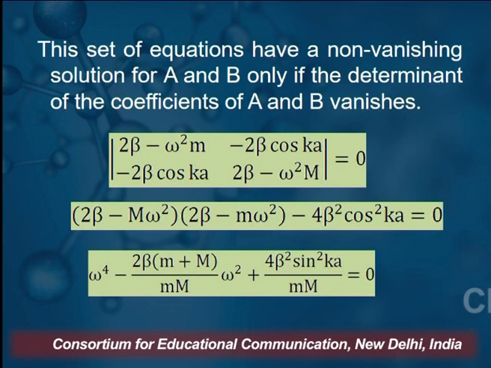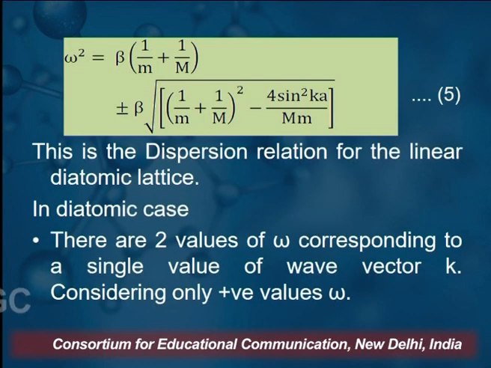Because it is a quadratic equation, the solution will be omega square equal to minus b plus minus under root of b square minus 4ac upon 2a, that is the standard solution.